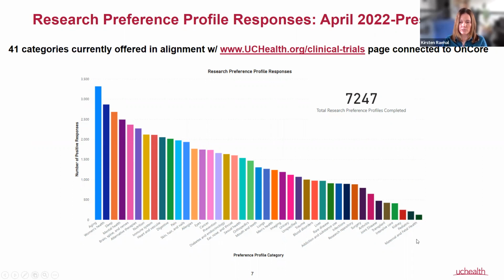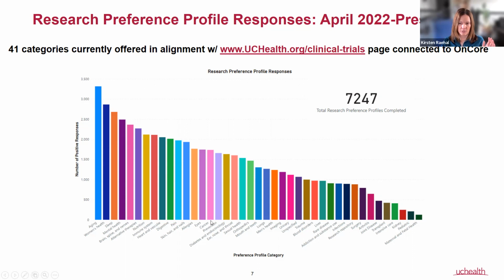And what I want to really point out here is that when a research preference profile list is requested from Recruit, when we try to match eligibility criteria with patients, we're only querying patient EMR from those patients that have actually responded to a selective category.